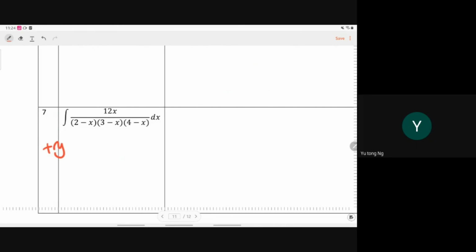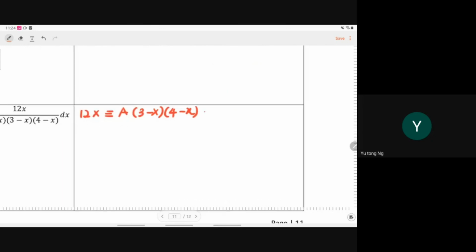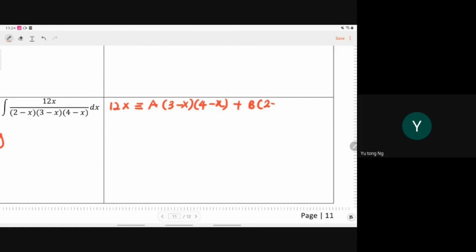Integrate. Dia akan jadi 12x equivalent to A, 3 minus x, 4 minus x, macam itulah dia akan jadi banyak. Plus B, darabkan dengan semua yang tak ada dengan dia.